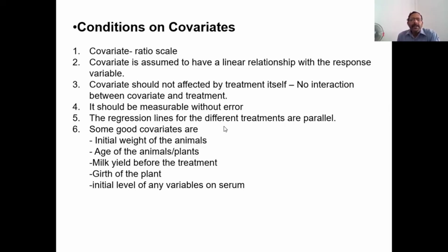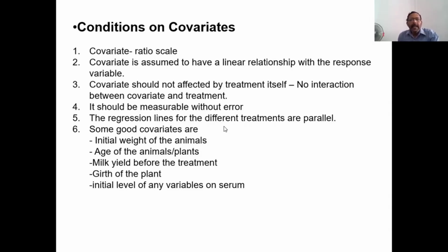As an example, a field affected by pests and diseases, a particular pest, will create a problem in measuring the yield at the end. So that pest population could be considered as one of the covariates in a particular study.